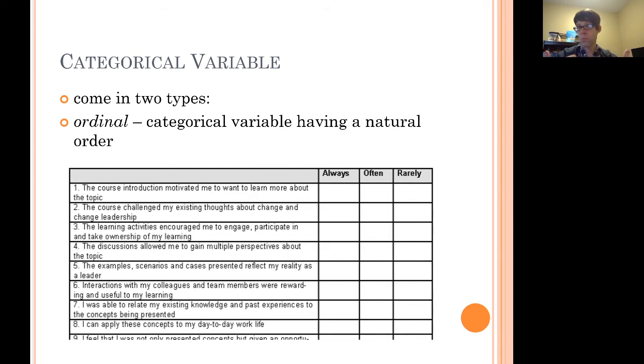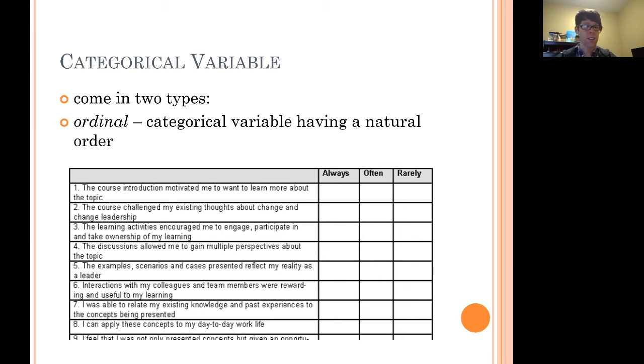We can't really do numerical computations other than break this down as a percent. The percentage of students that say always, the percentage that say often, or the percentage that say rarely.